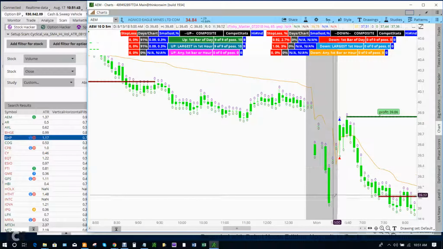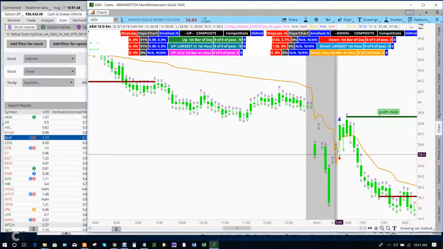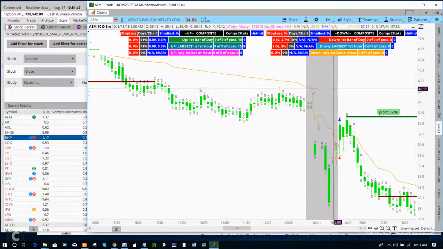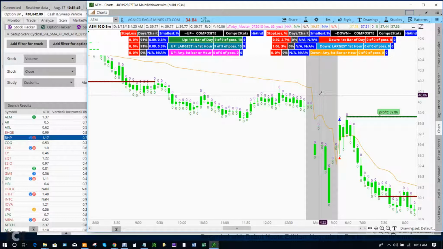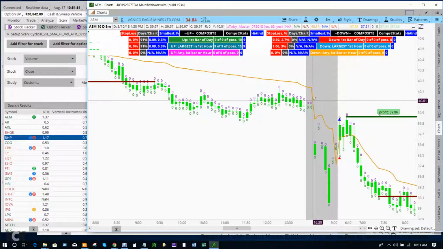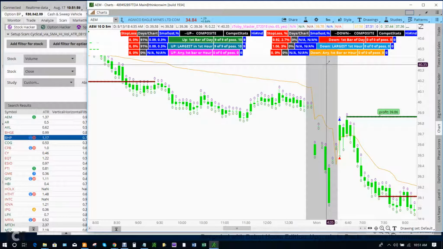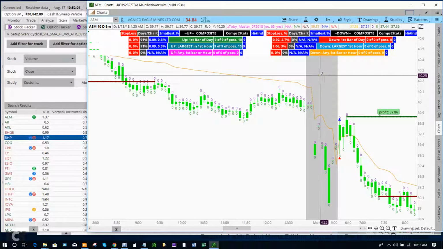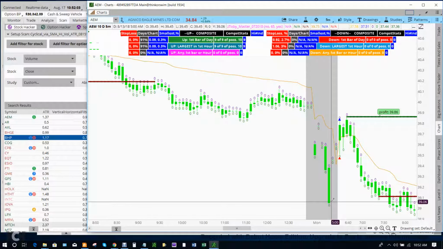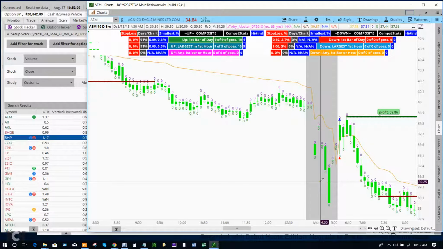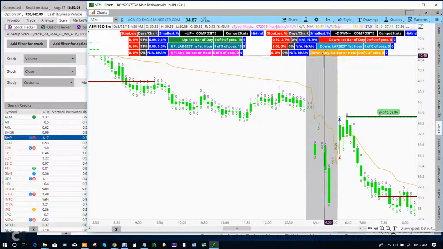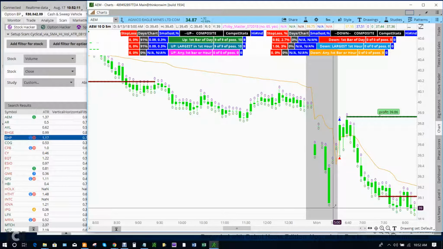It goes boom, down, down, down, and it comes back up. And during this time you're kind of stuck, because the only order you can put in here is a limit order. You can't put a stop loss. So if the price went up, you could put a limit, but if the thing goes down, the stupid brokers don't let you put in a stop loss or even a stop limit. They let you put a limit if it goes up, but not if it goes down.